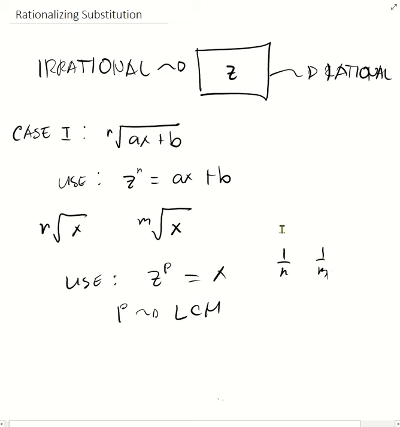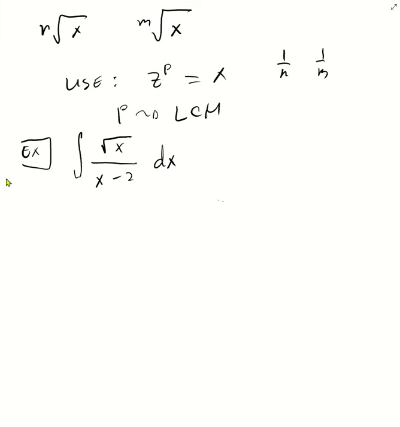So let's take an example to illustrate this case. First example. This is not a rational function because we have a radical in the numerator, so we need to use a substitution.